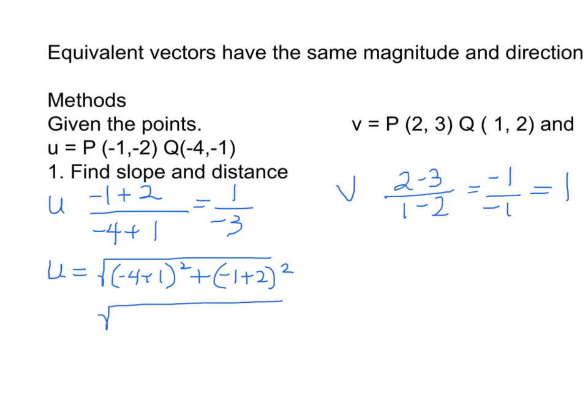This would be negative 3 squared plus 1 squared, which is square root of 10, right? So that was the magnitude. Now, I could do the same thing for v. The second method, though, is a little more straightforward and probably what we would do, and that's to put it in component form.